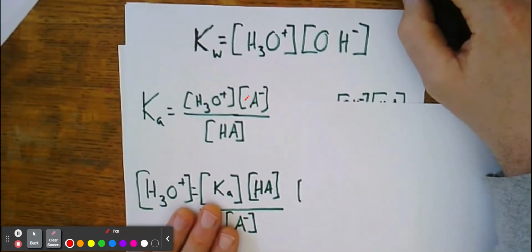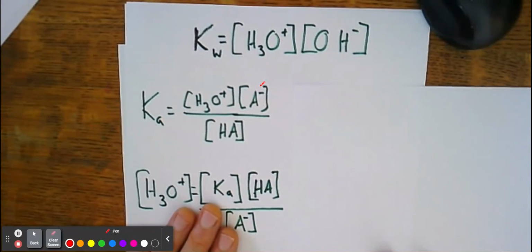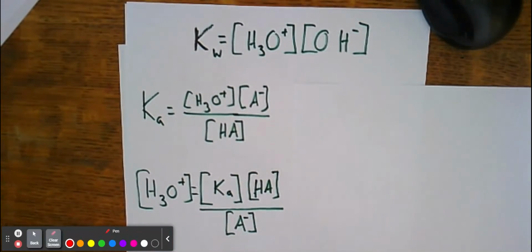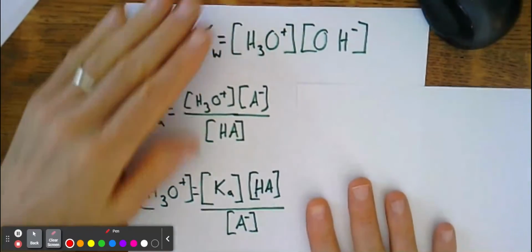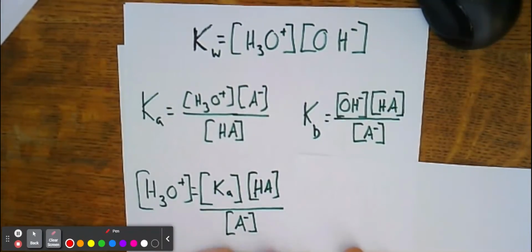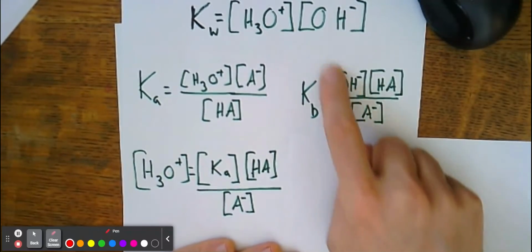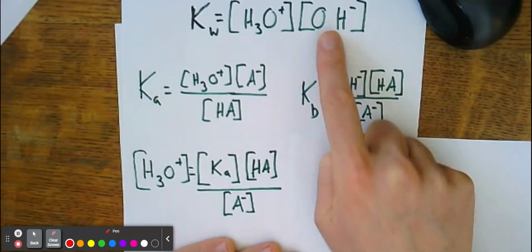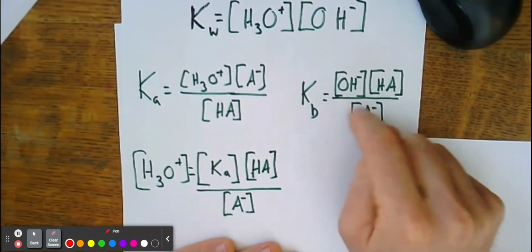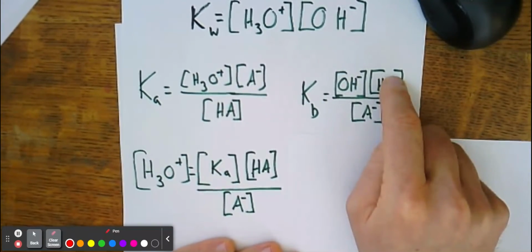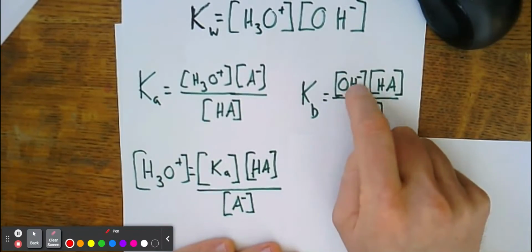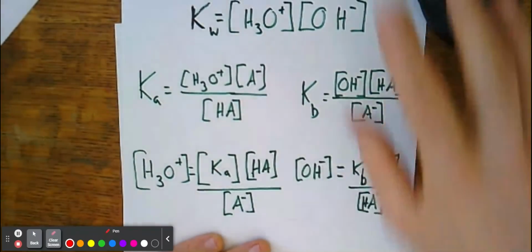Now, you don't need to write this all down. I just want you to know how this thing comes about. And similarly, in our Kb expression, you notice that hydroxide is here, and it's also there. So therefore, I can solve this equation by multiplying by this and then dividing by that to be equal to hydroxide, and I get that.